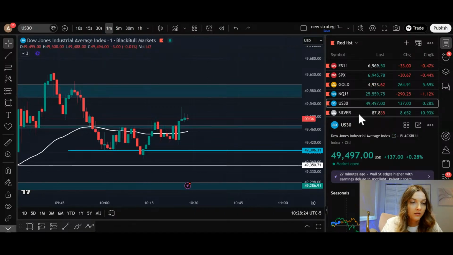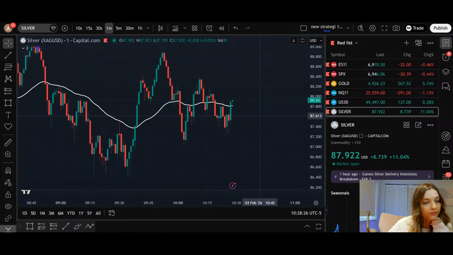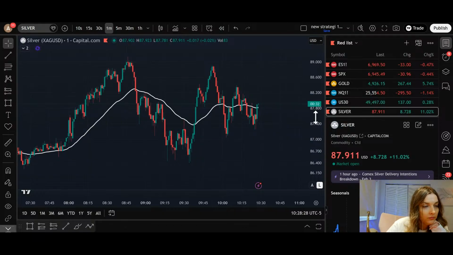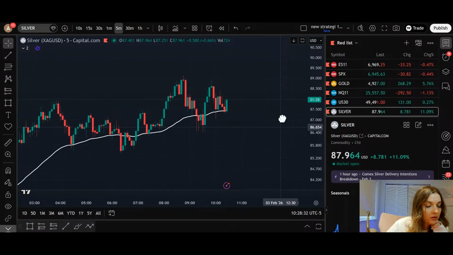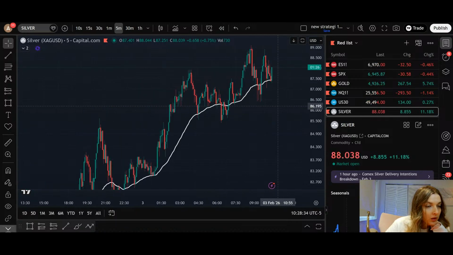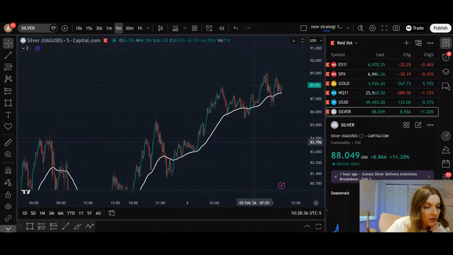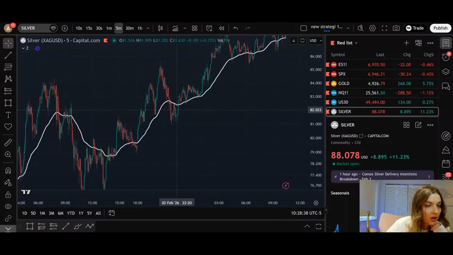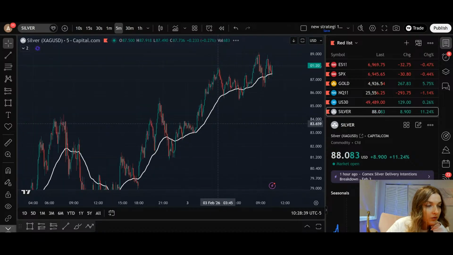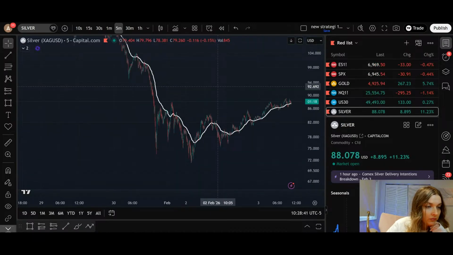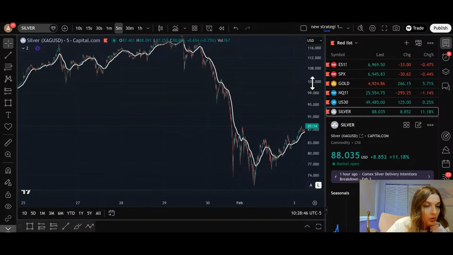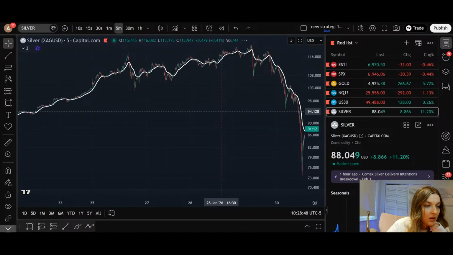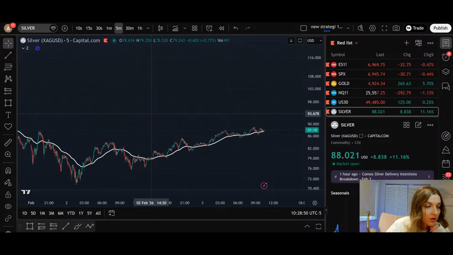Let's see silver. Let's go to 5 minutes on silver. Okay, silver. Silver was reacting nice to the EMA. It was kind of a support. Oh, same thing. It had a huge drop. I think now it is trying to recover.